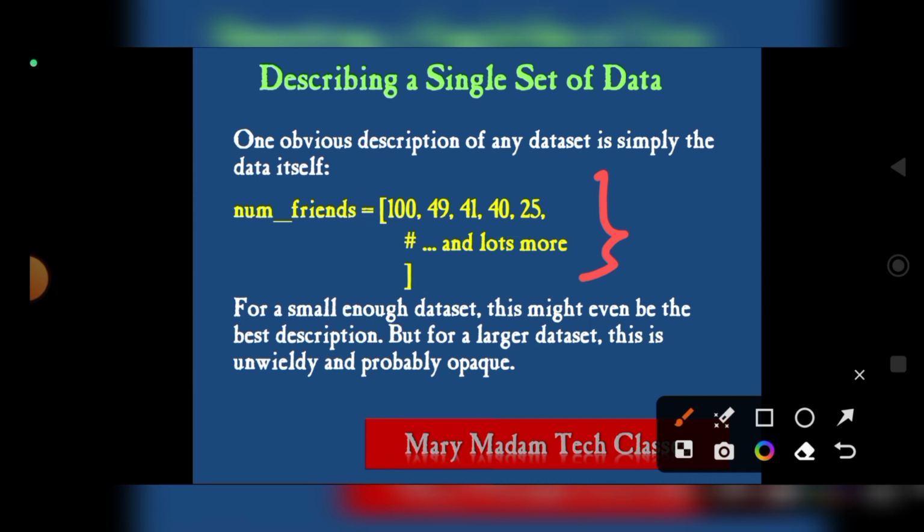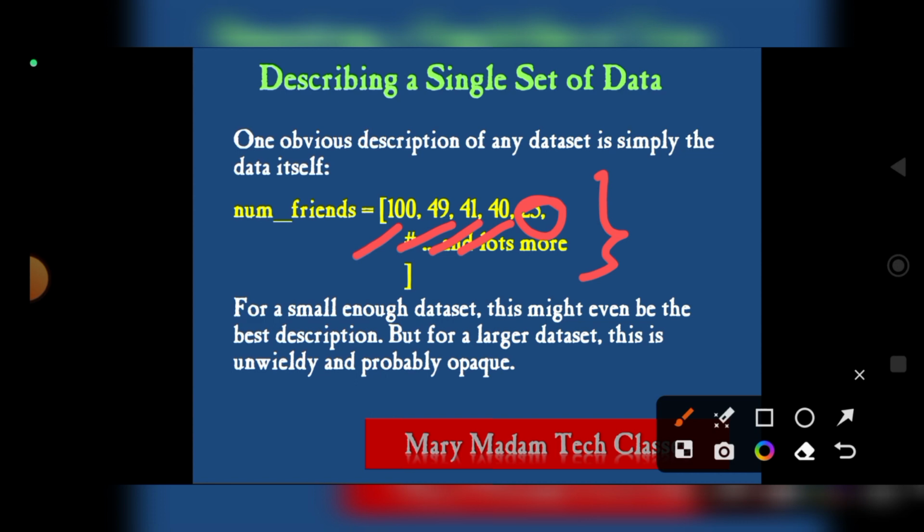But here, the data set is continuing. The list is continuing. If you observe 100, 49, 41, 40, 25, here we are representing commas. So if we observe this one, there is a connectivity of the list of the data set.